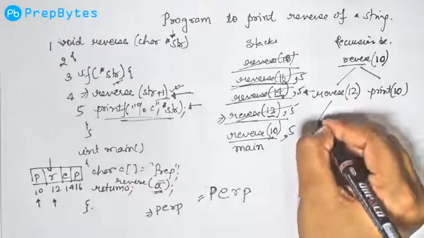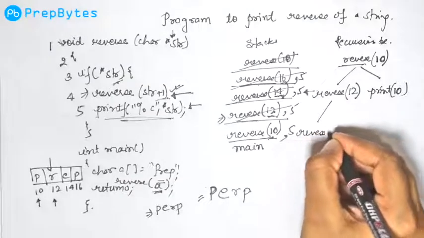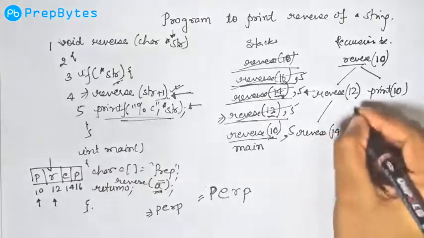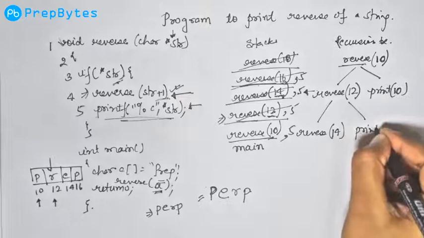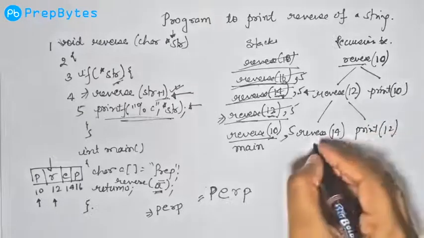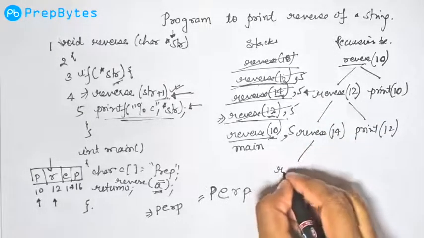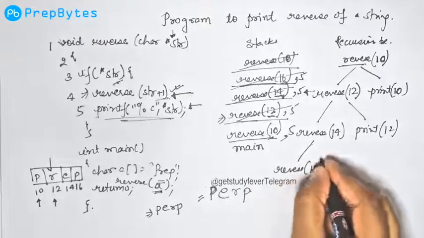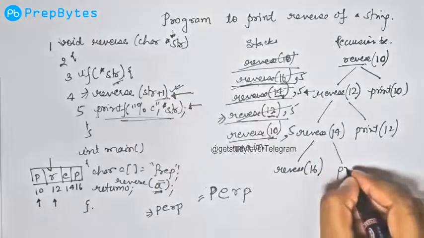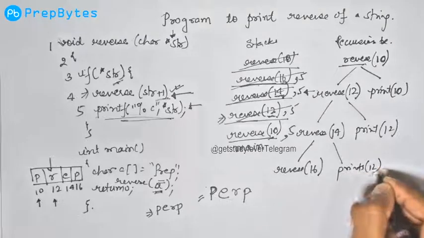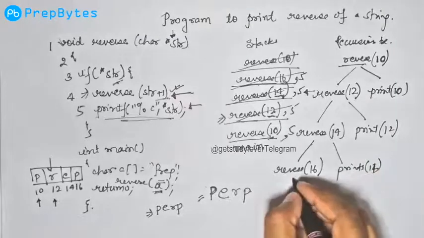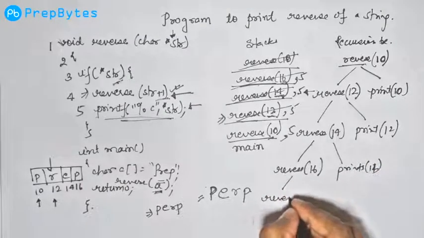What does reverse 12 have to do? It calls reverse 14 and prints whatever string is there at 12. What does reverse 14 do? It calls 16 and it prints 14. Reverse 16 further calls reverse 18.